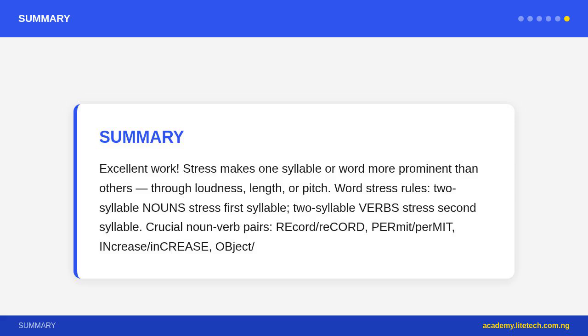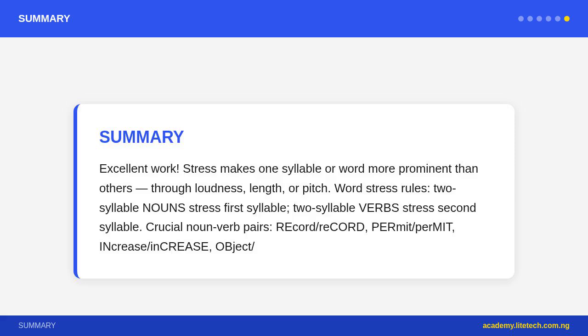Excellent work. Stress makes one syllable or word more prominent than others, through loudness, length, or pitch. Word stress rules: two-syllable nouns stress the first syllable, two-syllable verbs stress the second syllable. Crucial noun-verb pairs: record/record, permit/permit, increase/increase, object/object, protest/protest, convert/convert.